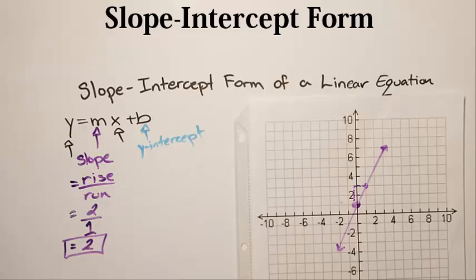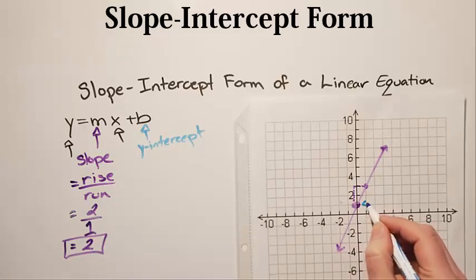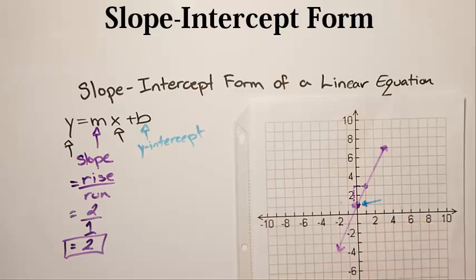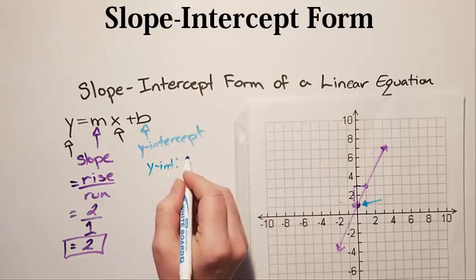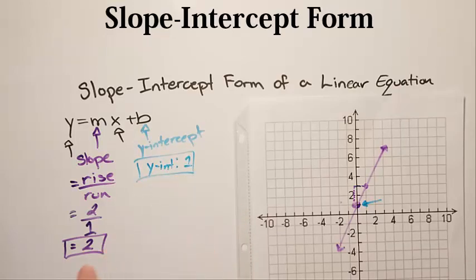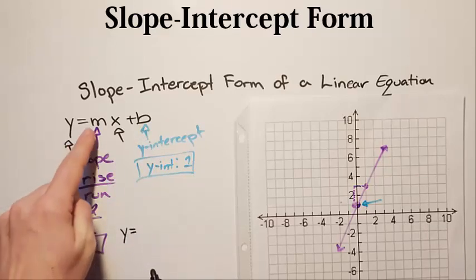But I also need my y-intercept. The y-intercept is where you cross the y-axis. I see that I cross the y-axis right here, and that's the number 1. So I know that my y-intercept is 1. Now that I have a slope and a y-intercept, I have all the information I need to come up with the slope-intercept form. Slope-intercept form was y equals, I need my slope.